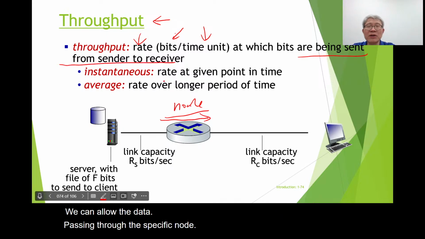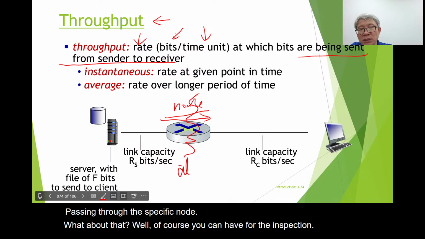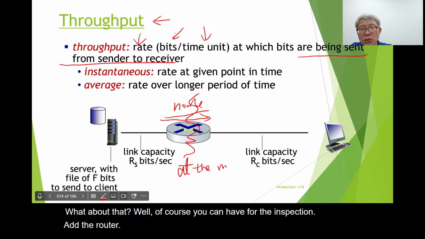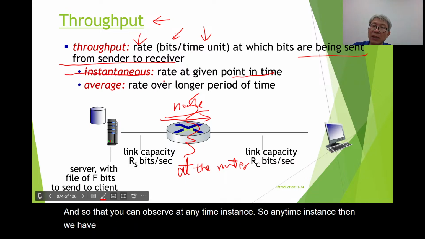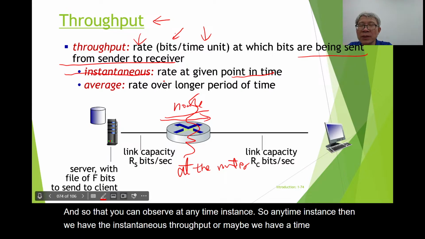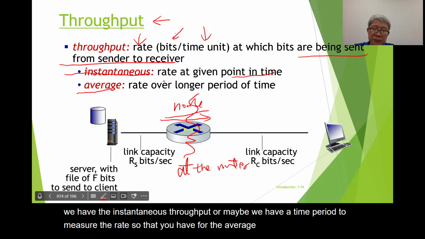Of course, you can have an inspection at the router so that you can observe at any time instant. At any time instant, we have the instantaneous throughput, or maybe we take a time period to measure the rate, so that you have the average throughput.